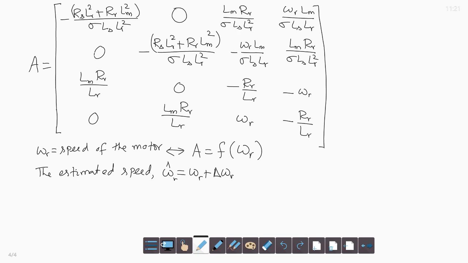Let us assume there is an error in speed estimation by the amount delta omega r. Corresponding to this estimated speed, the system matrix A hat will be a function of omega r hat, and it has two terms, one is A, another term is delta A. The system matrix for the estimated speed is A hat, that is A plus delta A. So with this we obtain delta A.